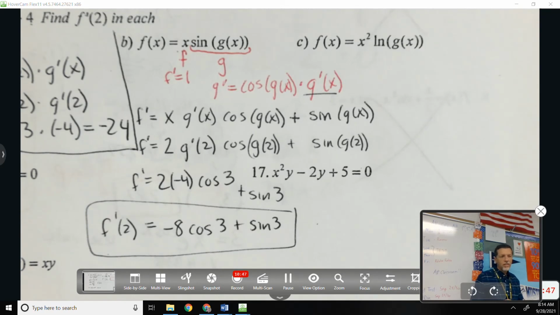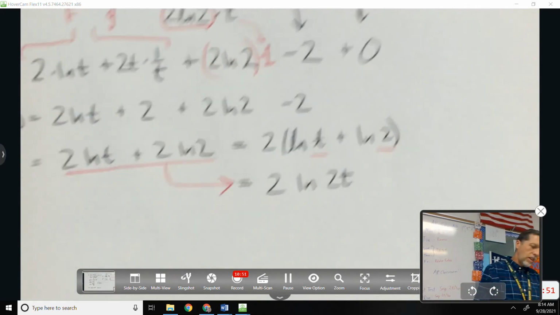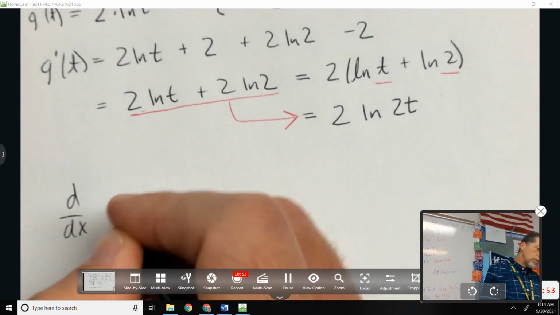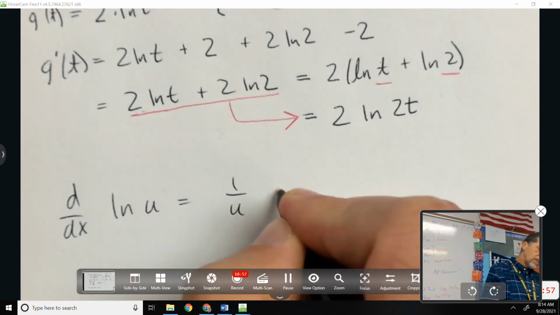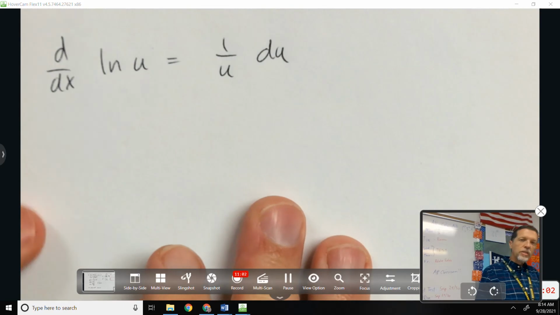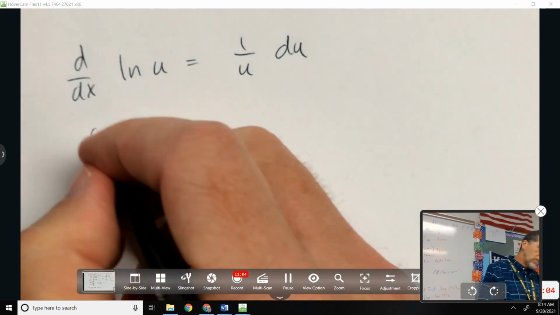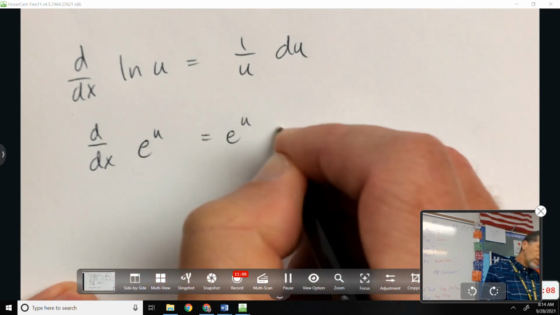All right, so three main rules. Derivative of natural log is 1 over u du. Derivative of e to the u is e to the u du.